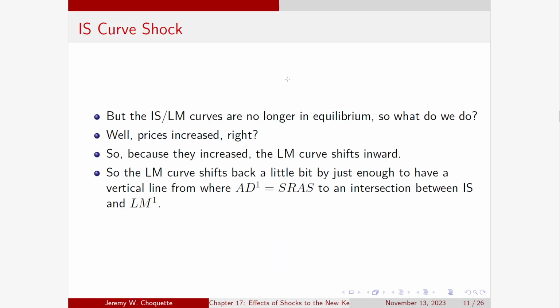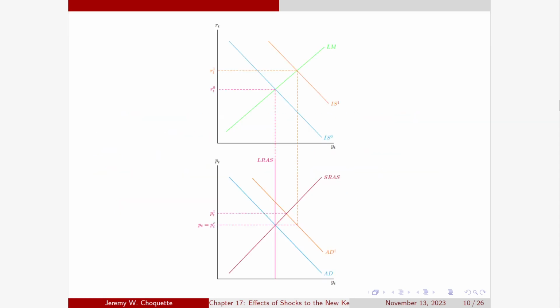Well, let's think about this. Prices increased, right? Okay, so if we have an increase in prices, let's jump back really quick. Something's got to move in order to get us back into an equilibrium in both of these spaces.